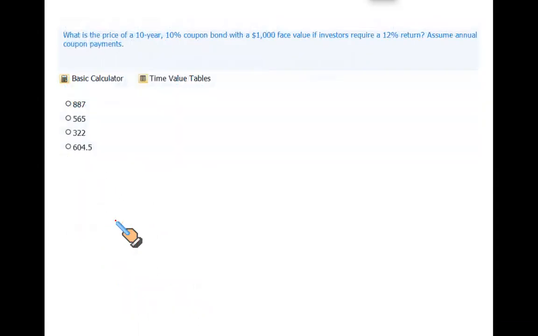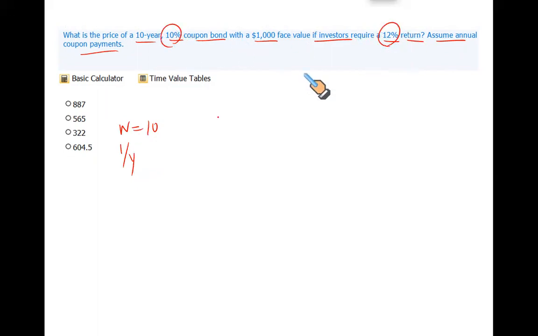Okay. What is the price of a 10-year, 10% coupon bond with 1,000 face value if the investor requires 12% return? Assume annual coupon payments. Straightforward question. N is 10. Interest rate per period for discounting: the coupon is the rate at which the interest is paid, but the rate we should use for discounting is 12%.